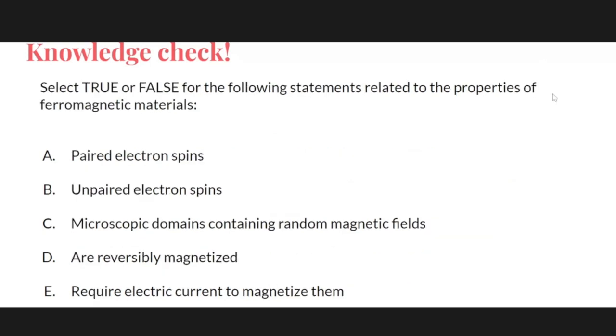Okay, this one's a true false. So now you can get excited, Laura. Which of the following statements are true or false related to the properties of ferromagnetic materials? Do they have paired electron spins? False. Do they have unpaired electron spins? Yes, they do. Do they have microscopic domains containing random magnetic fields?